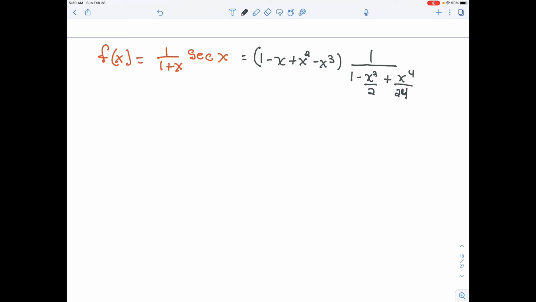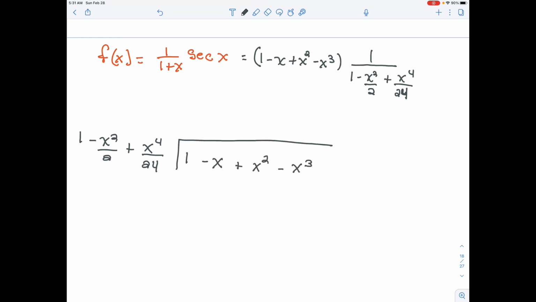So we're going to do the exact same thing. We're going to have 1 minus x squared over 2 plus x to the 4th over 24. And we're dividing that into 1 minus x plus x squared minus x cubed.